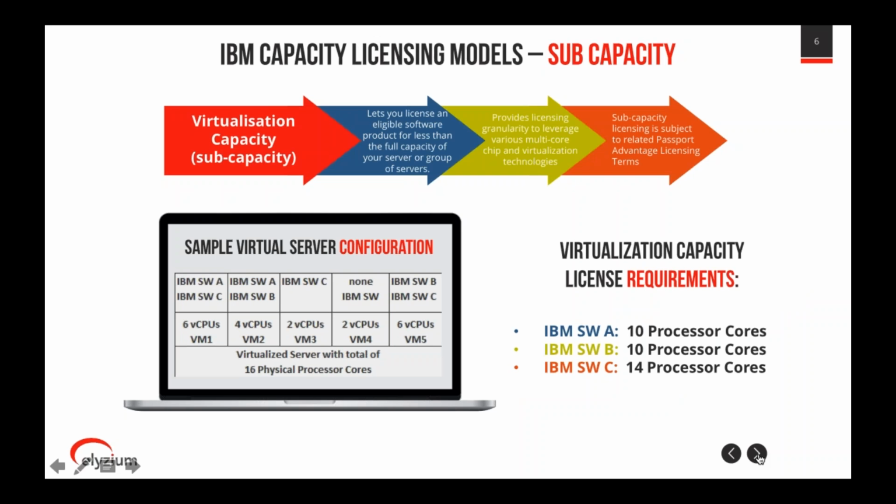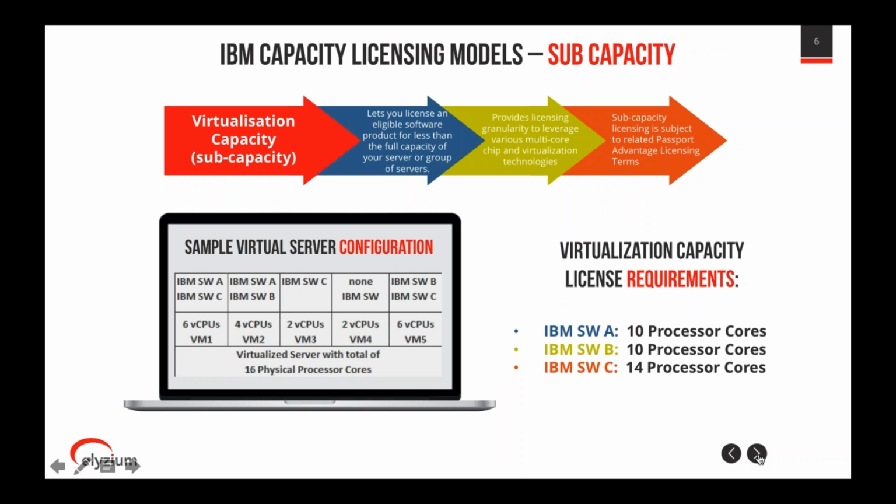Subcapacity is where, if you've installed software A and software C, for example, on individual VMs, then you can only pay for the cores used by each individual software product. So in the previous case, you'd have to license software A, B, and C for 16 cores.